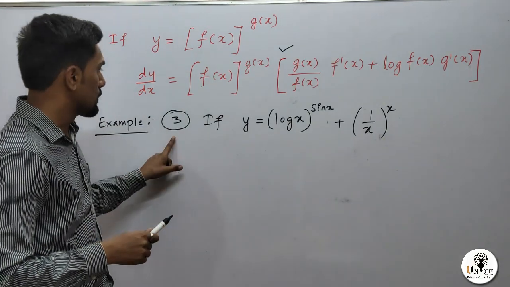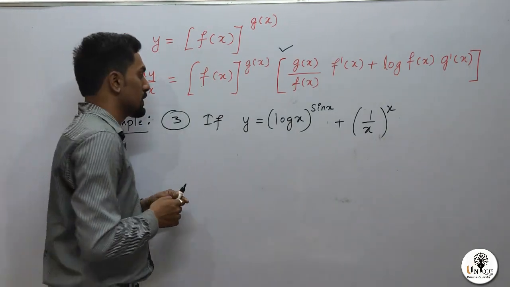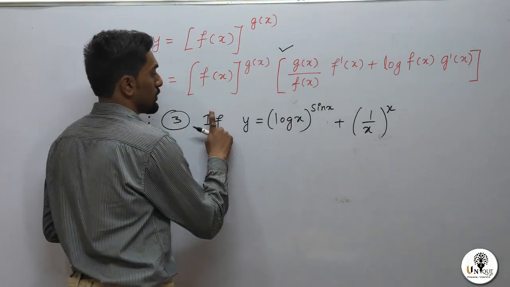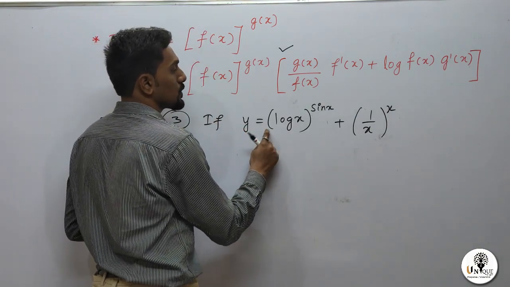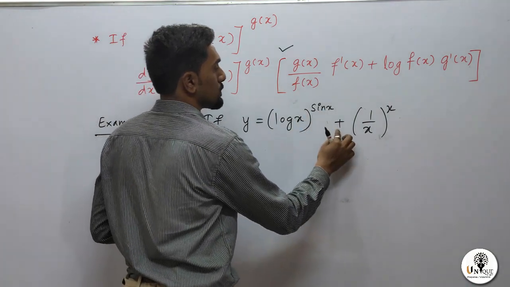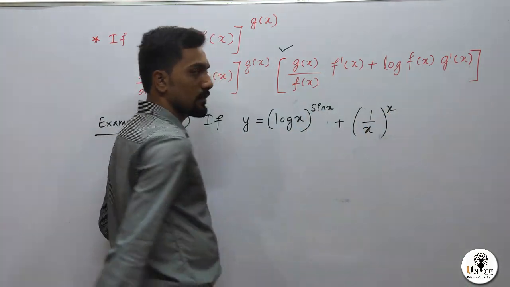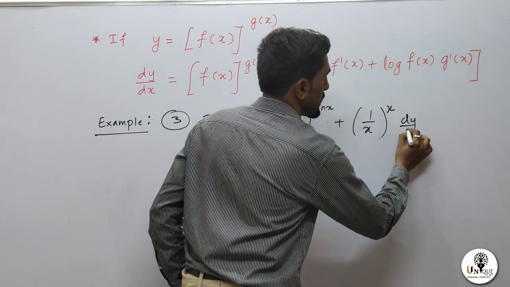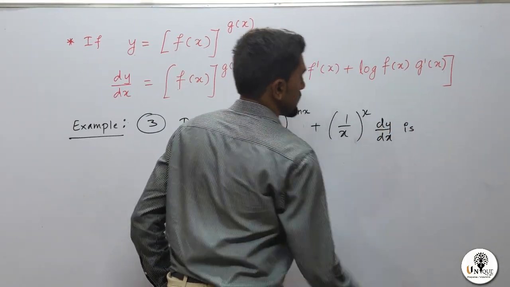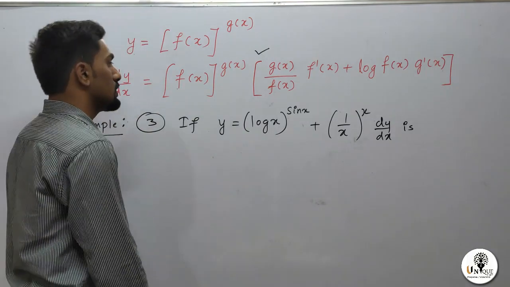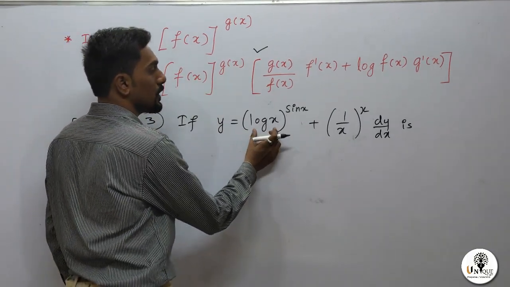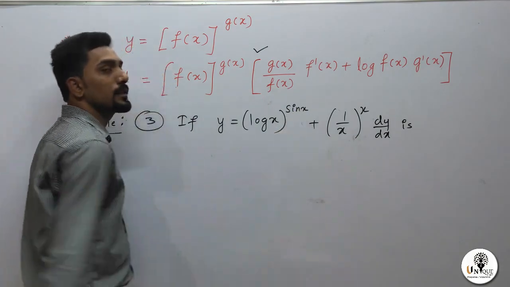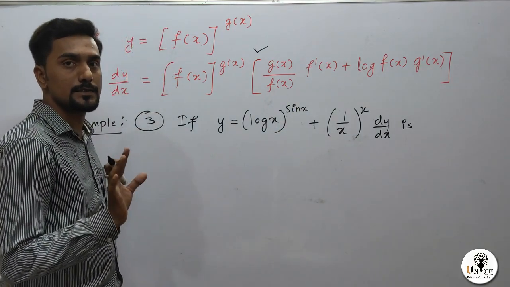Let me take one more example of a similar type to explain this concept still more clearly. If the function is y equal to log x to the power sin x plus 1 by x raised to x, then dy by dx is. In this case also we have to differentiate these two functions separately and put the middle sign as it is.